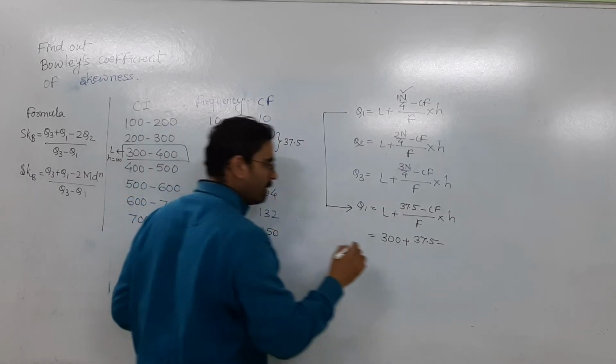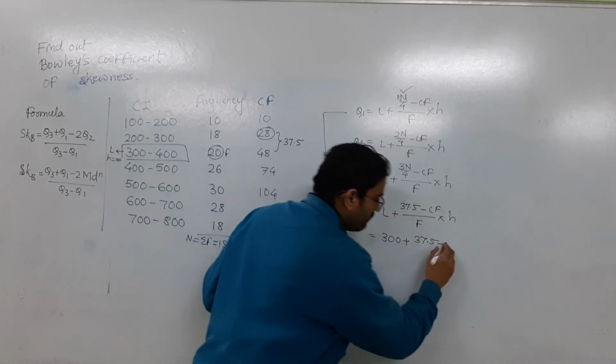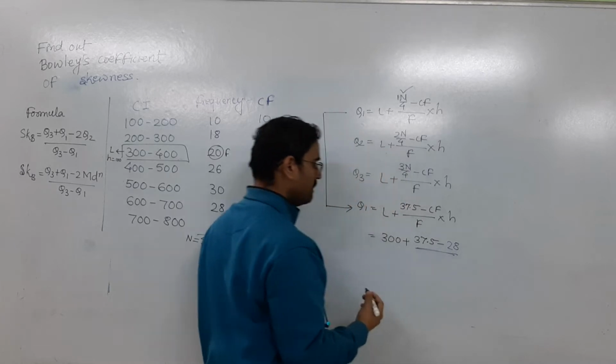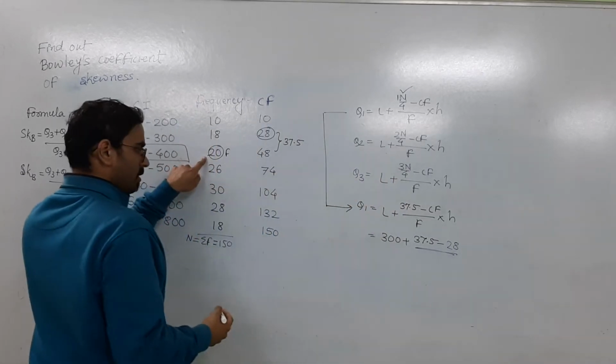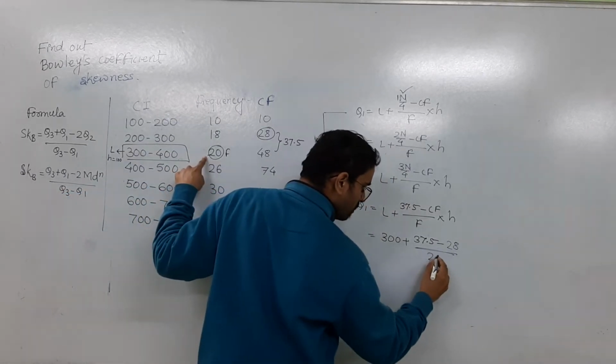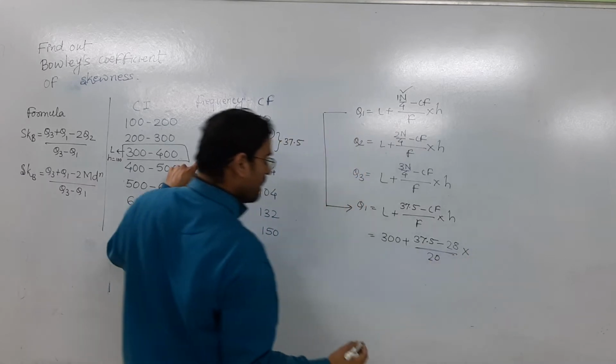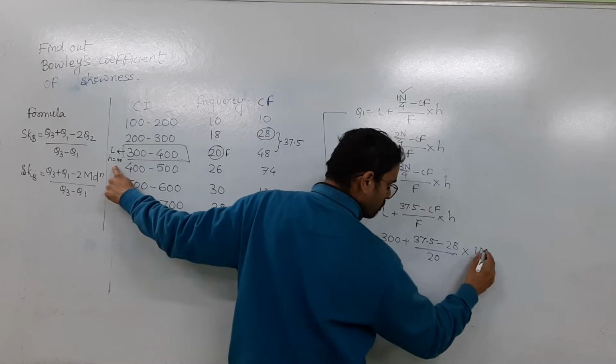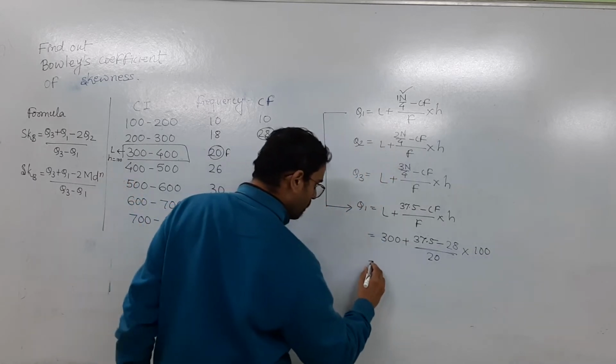So 28 will be the value of CF, and what is F? F is 20. Into what is H? H is 100. So calculate it and find it.